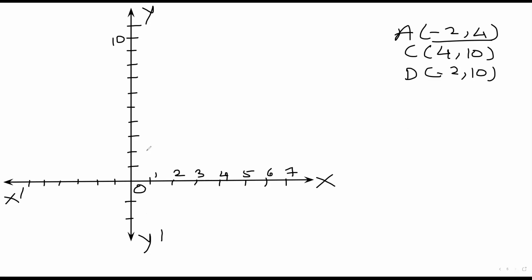So let us quickly plot A. Where will A be? -2, 4. So A is here, this point. Where is C? 4, 10.